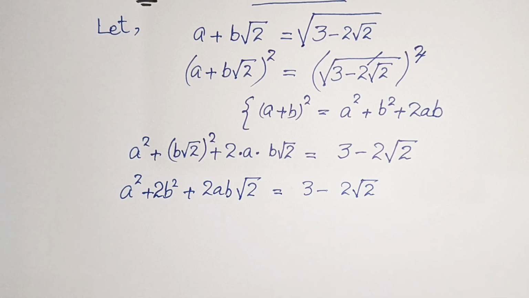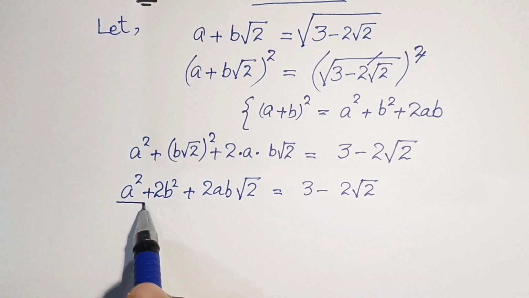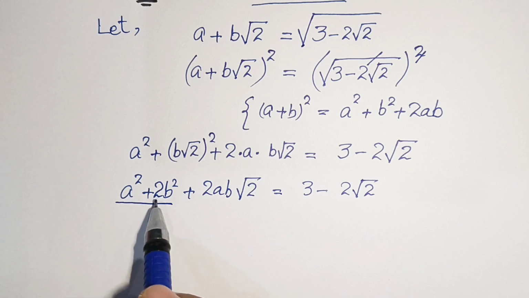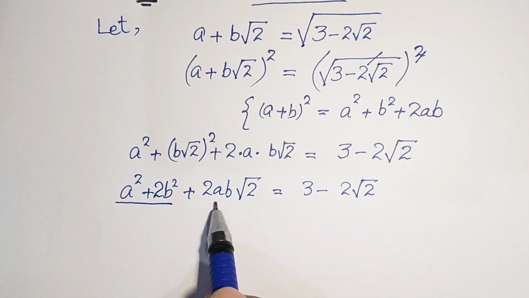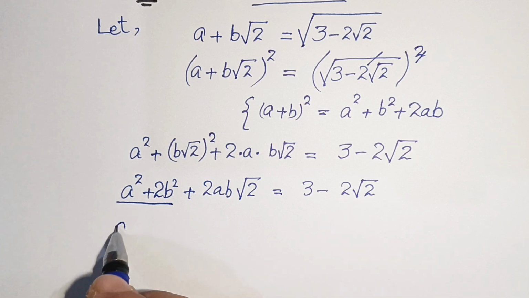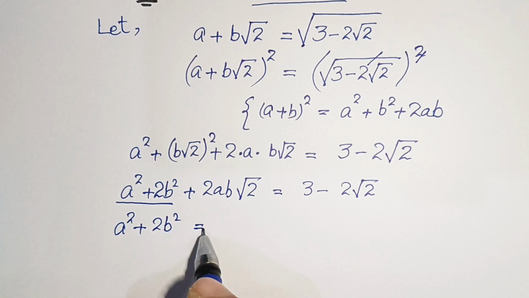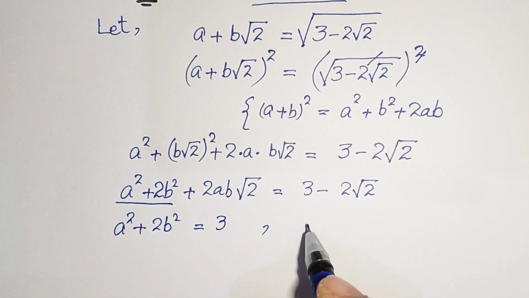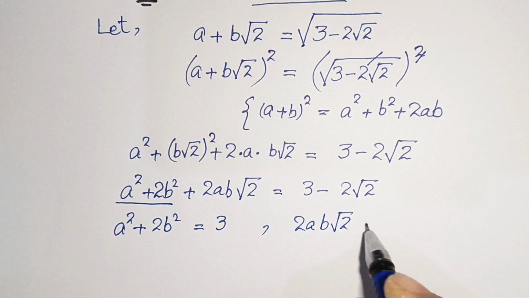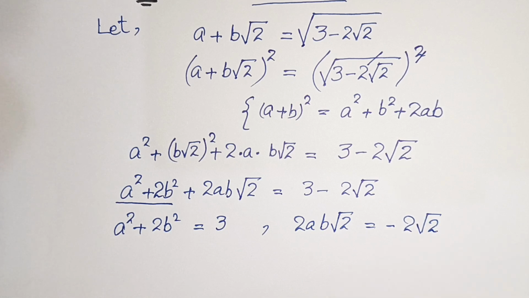Now we have a squared plus 2b squared equal to 3, and the second part is equal to minus 2 times square root of 2. So it can be written that a squared plus 2 times b squared is equal to 3, and 2ab times square root of 2 is equal to minus 2 times square root of 2.